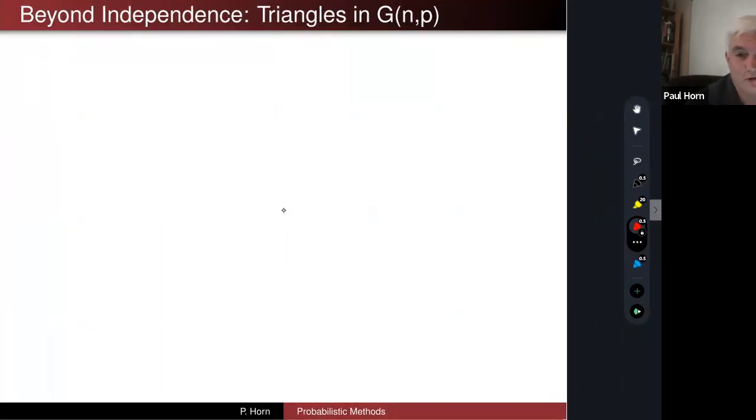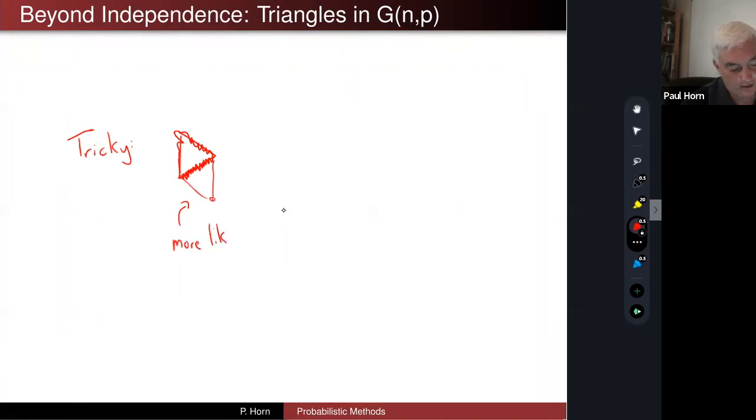You could think about triangles. The triangles are kind of tricky because they're not independent. If I happen to already know that this edge exists or this triangle exists, then some other triangle is more likely.